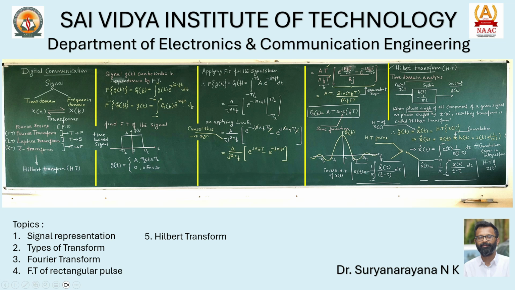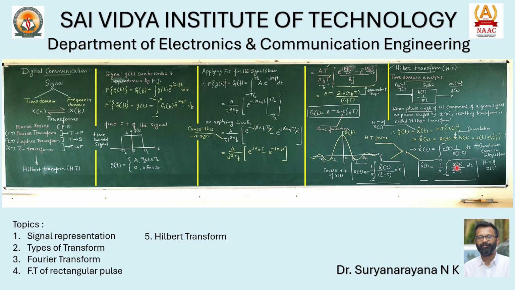Inverse of the Hilbert transform exists. If I have the Hilbert transformed signal, that is x cap of tau or x cap of t, I am able to get the original time domain signal, which is given by minus 1 by pi integral minus infinity to infinity Hilbert transformed signal by t minus tau into d tau.